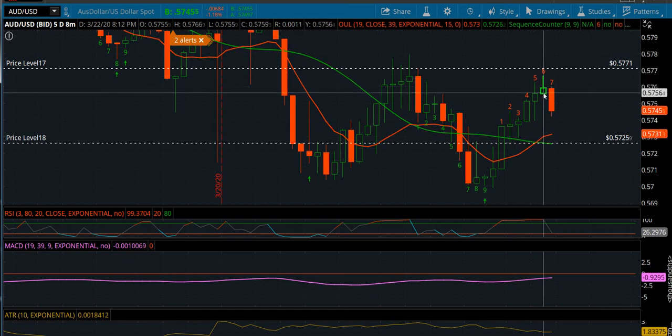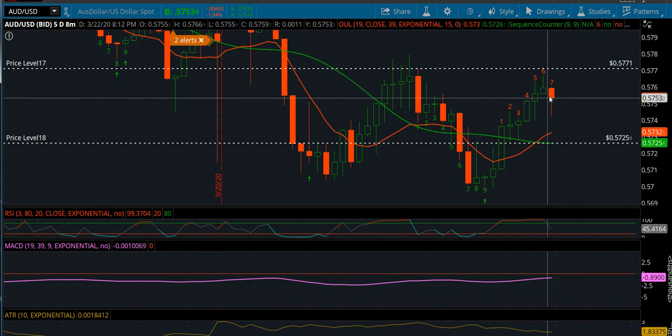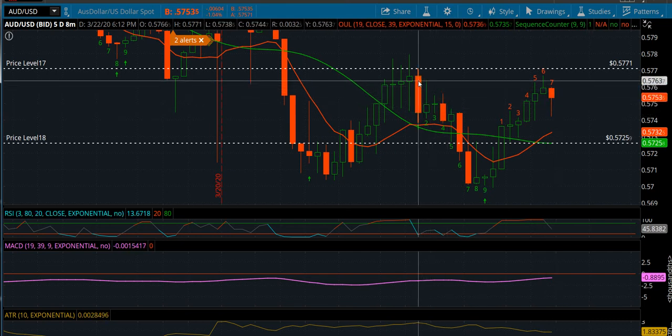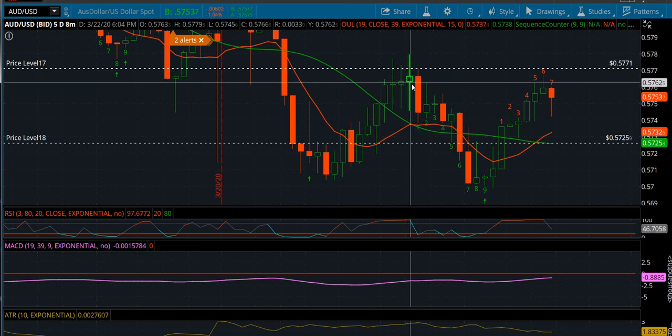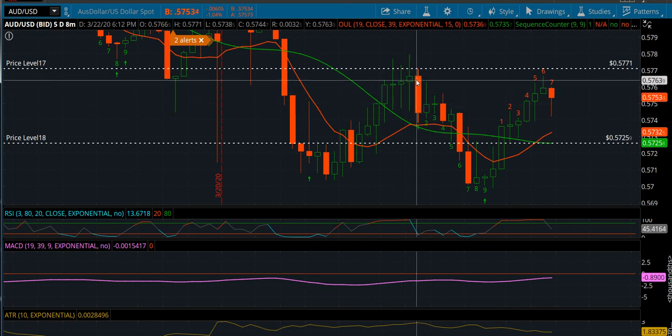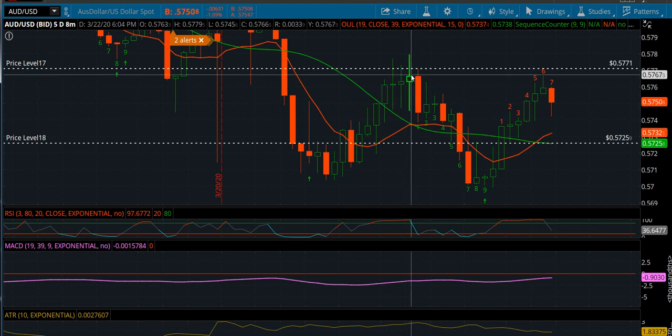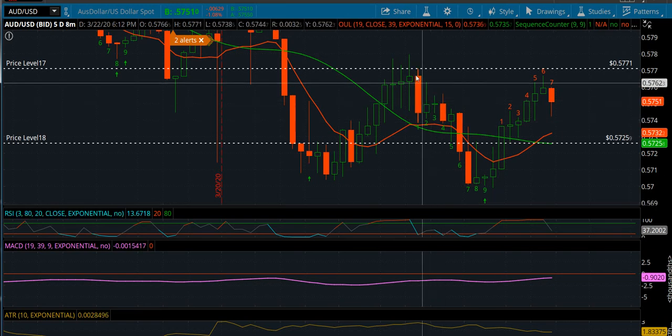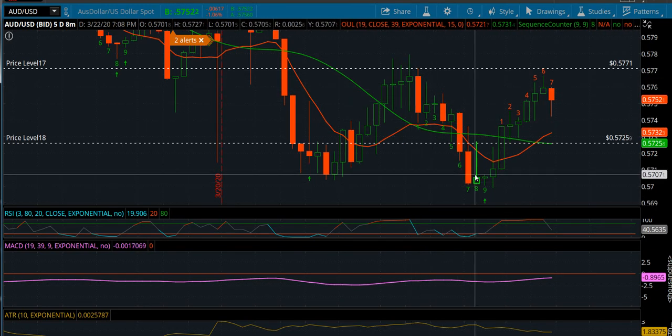It has the tail at the top and the body at the bottom. That's called a shooting star. That's a bearish signal. A bearish engulfing candle is when this candle completely engulfs the body of the last candle. So this one's a bearish engulfing candle right here. It completely engulfed the body of that candle, and that's a bearish signal. And in this case, it went lower. Okay.